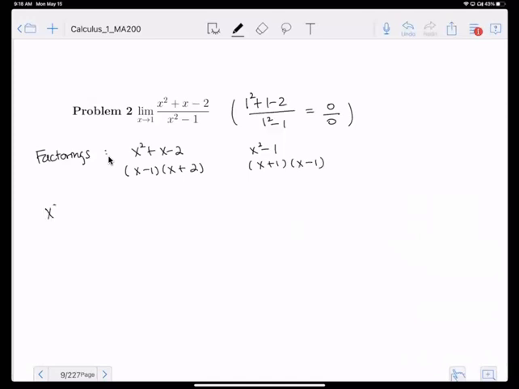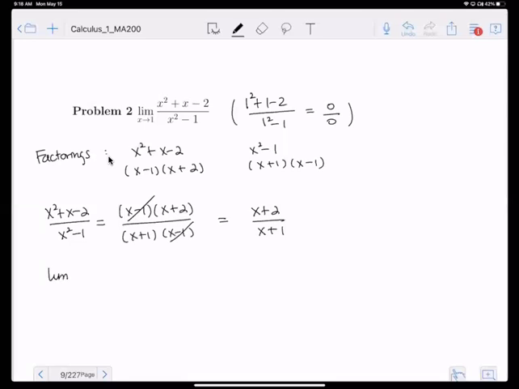So (x squared plus x minus 2) over (x squared minus 1) can be written as (x minus 1)(x plus 2) over (x plus 1)(x minus 1), x not equal to 1. So x plus 2 over x plus 1. So we can simplify this fraction.